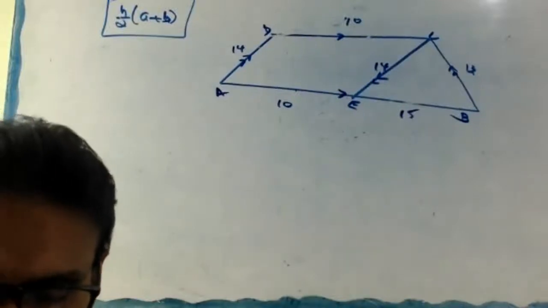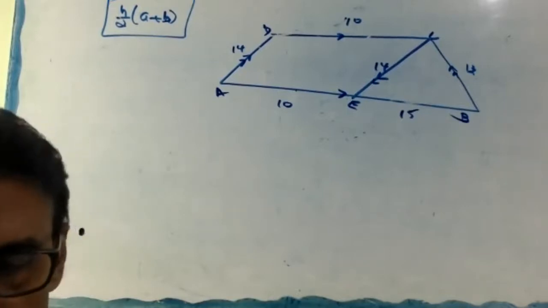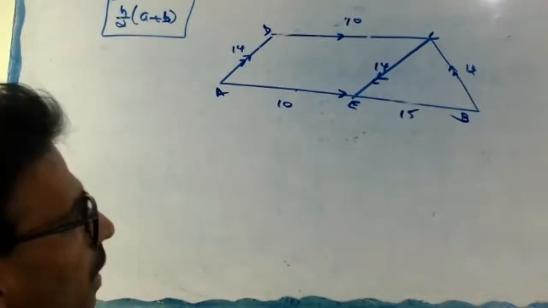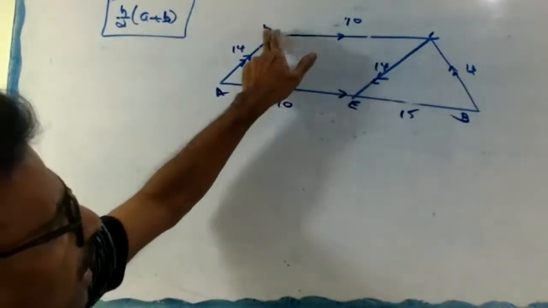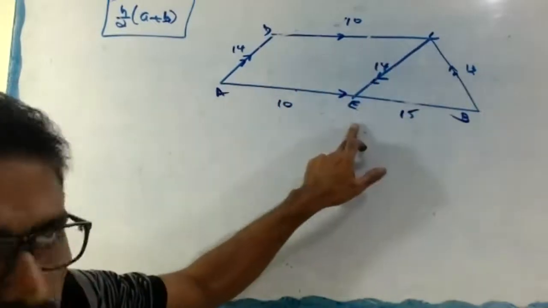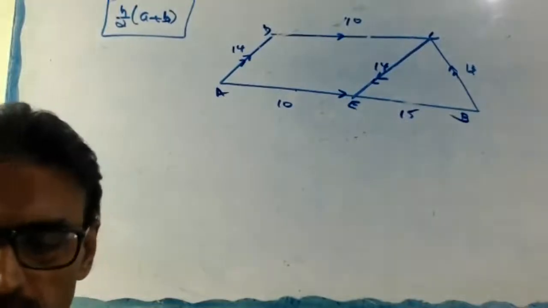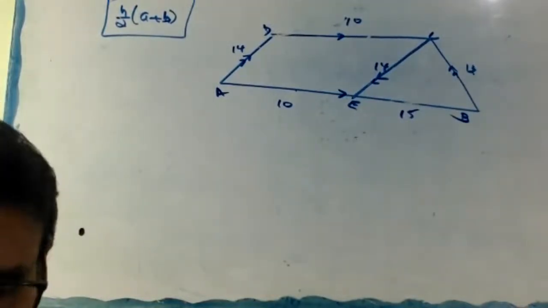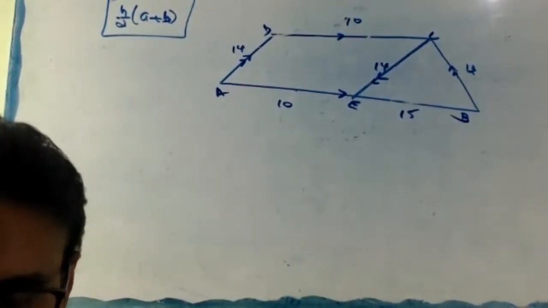Reason: opposite sides are parallel, and we know that in a parallelogram opposite sides are equal. So AD equal to CE equal to 14. DC equal to AE equal to 10. Therefore, BE equal to 15. Up to here, clear or not? Okay, then write up to here. I'll give the note.